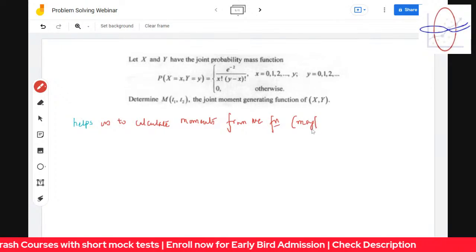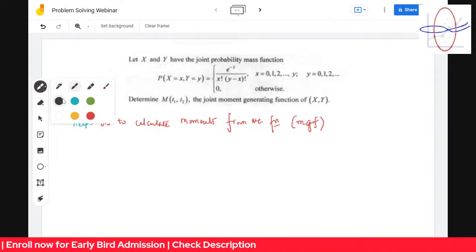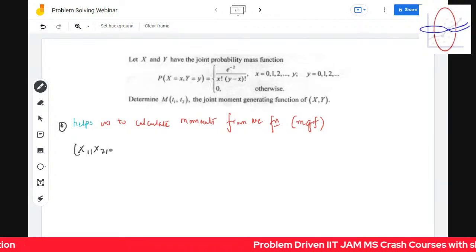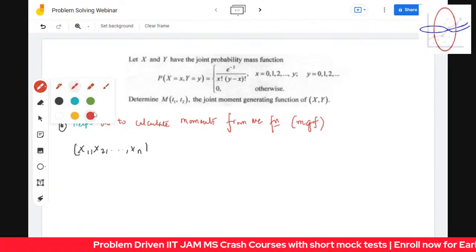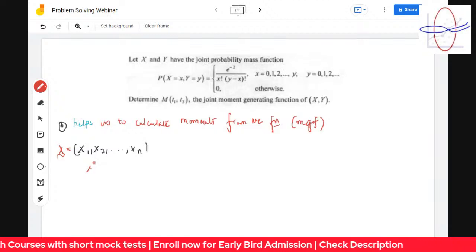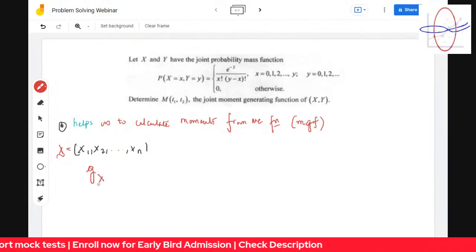So how is the MGF of multiple random variables defined? If X1, X2, ..., Xn is the joint random variable, then the moment generating function, let's call it g of X, at t, where t is another vector.